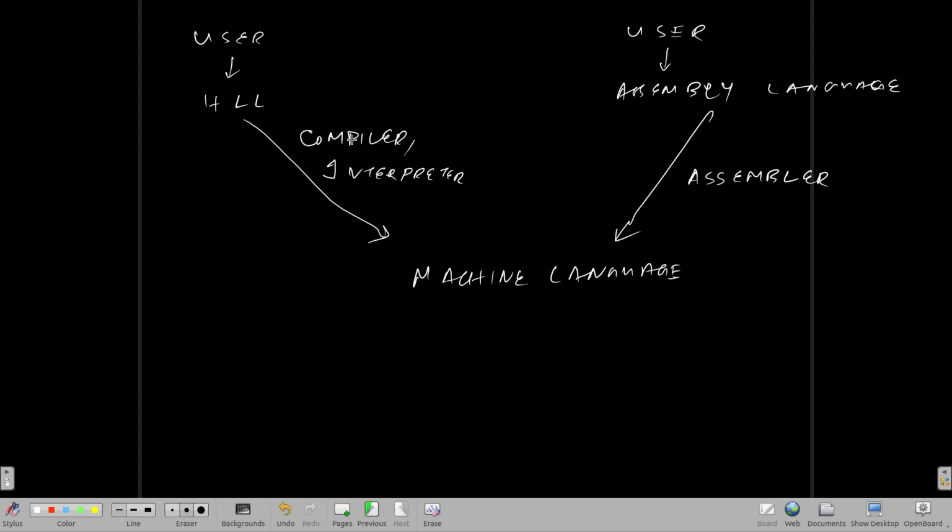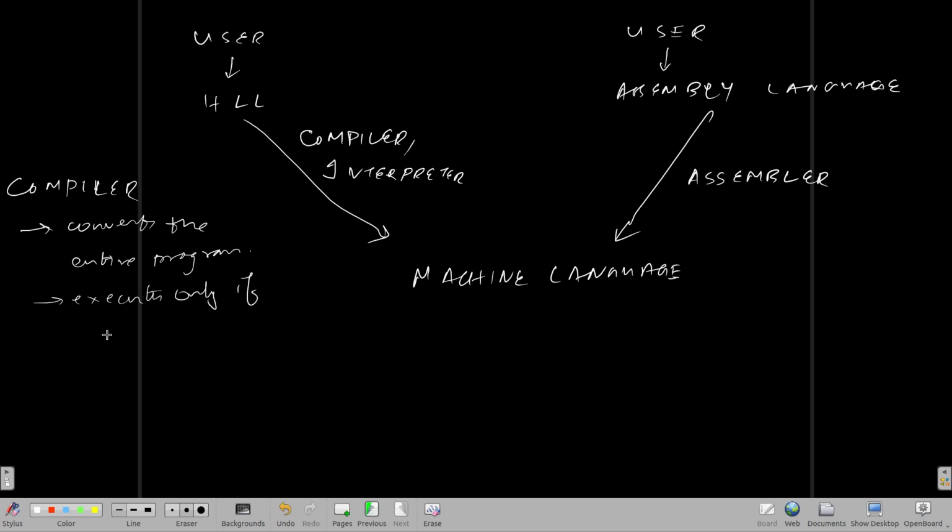So what is the main difference between compiler and interpreter? Because the assembler is straightforward, assembly language to machine language. Here we have two translators to serve the same purpose, a compiler and an interpreter. So what is the difference? The compiler takes the entire program, translates the entire program, and it executes only if the program is completely error free.